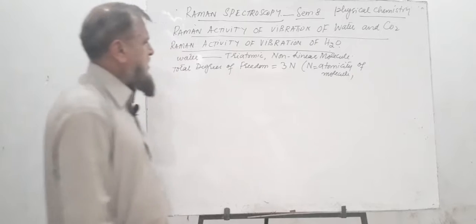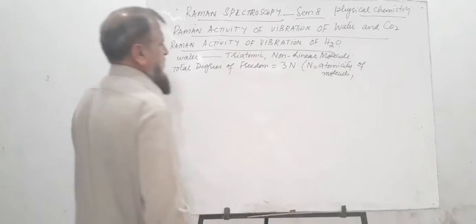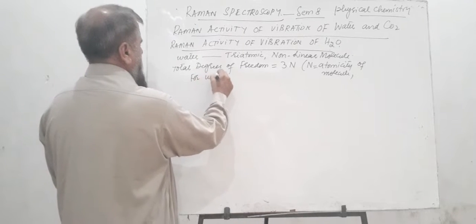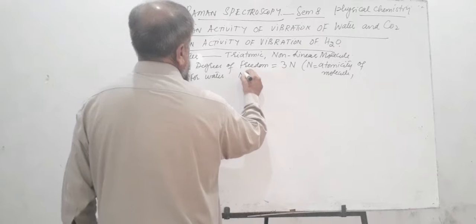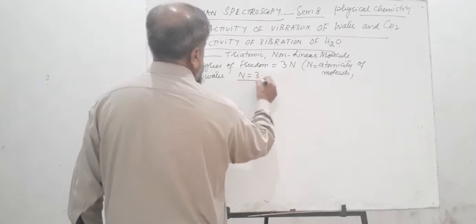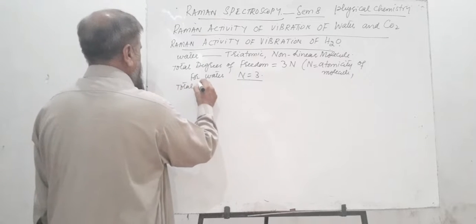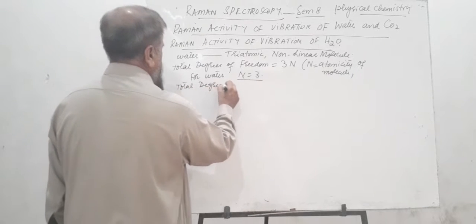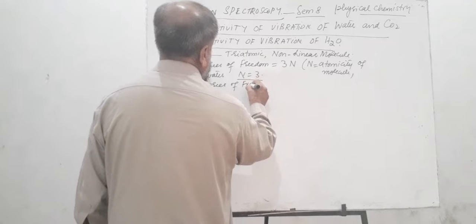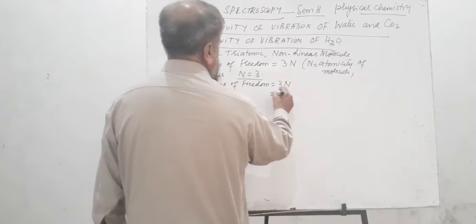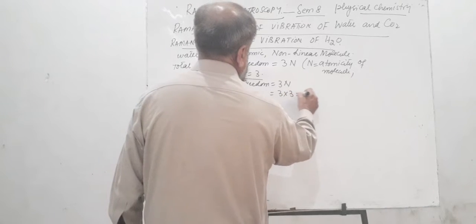In the case of water, we have three atoms present, 2 hydrogen and 1 oxygen. Therefore, for water, n is equal to 3. Atomicity is 3. The total degrees of freedom are 3n, that is 3 multiplied by 3 is equal to 9.